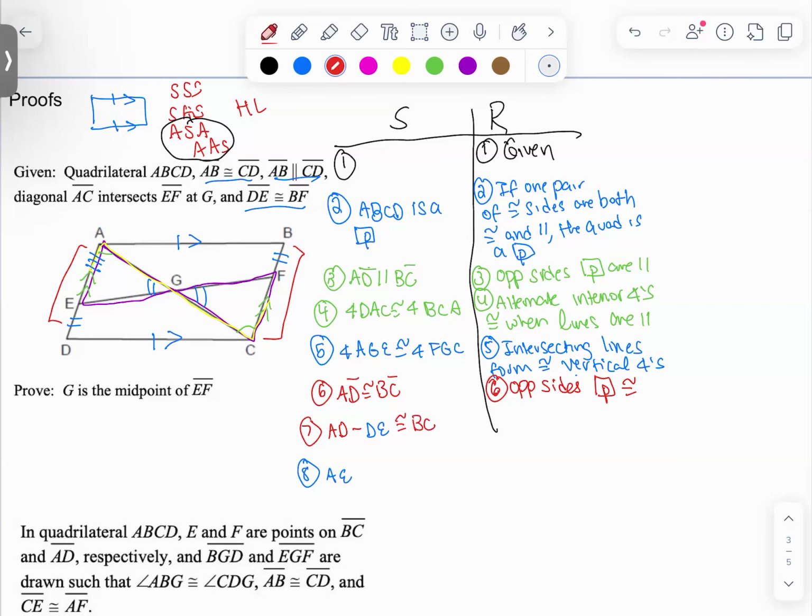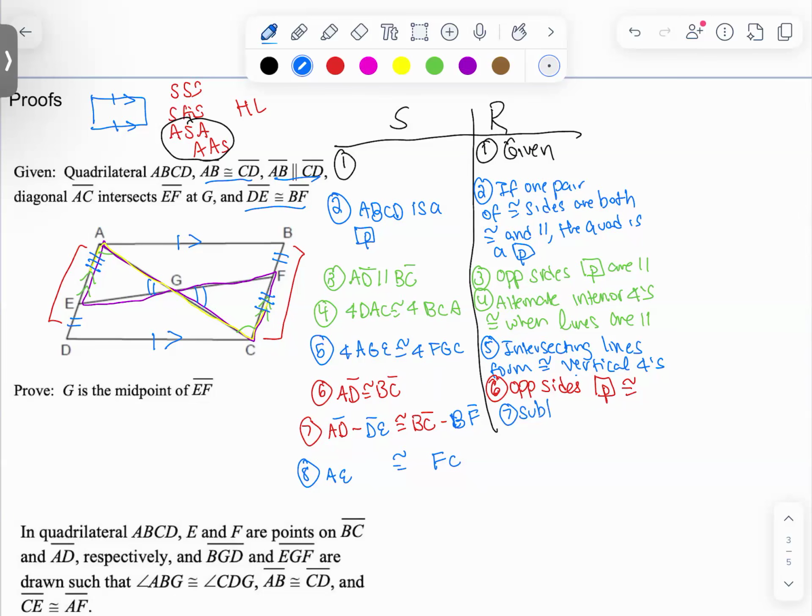And if we start with BC and we subtract off BF, then we'll be left with FC, which is the side of the triangle that we want.